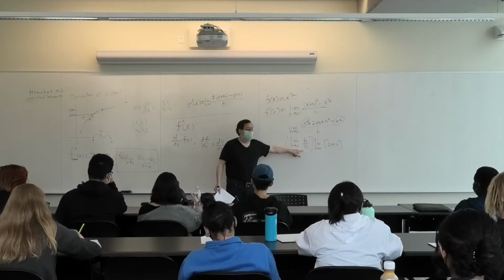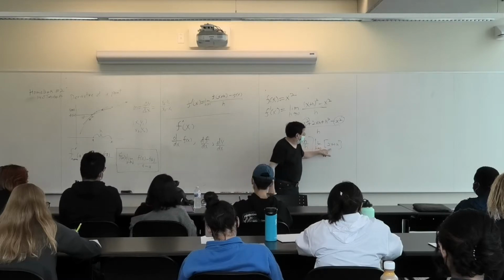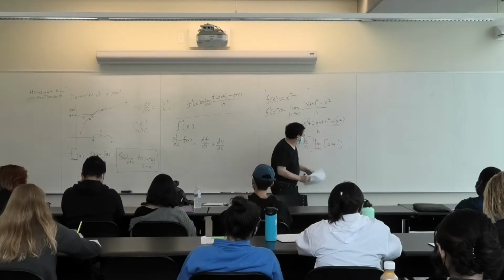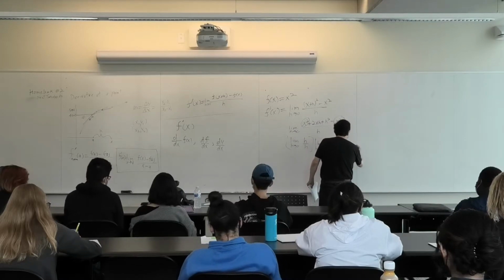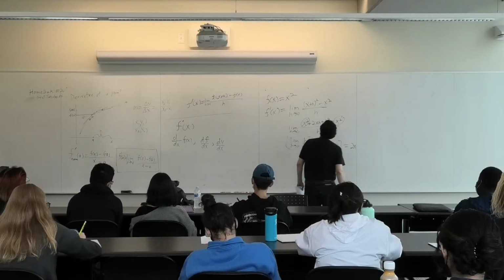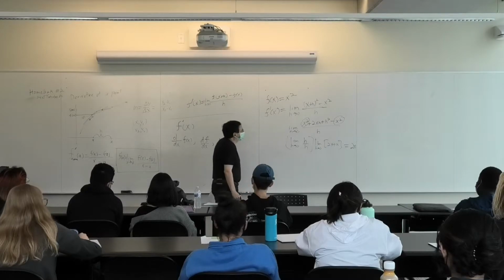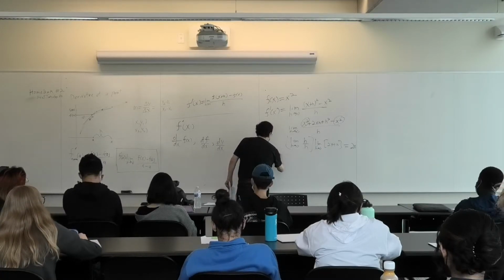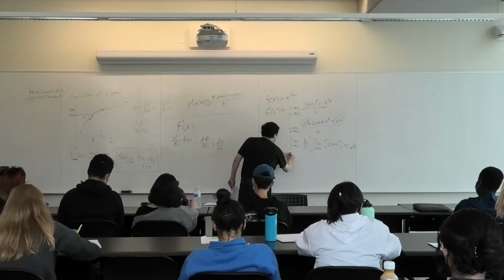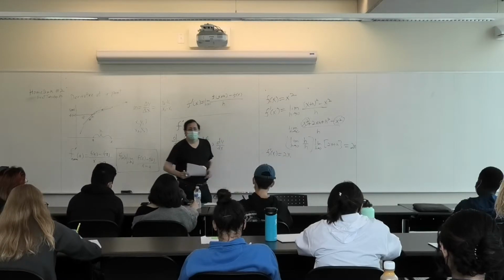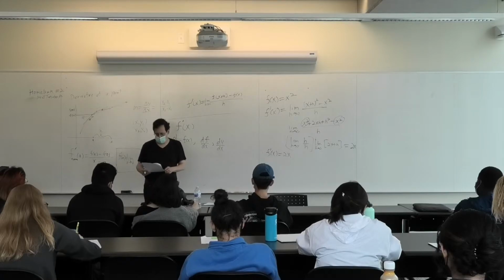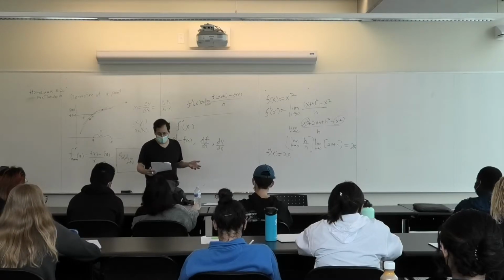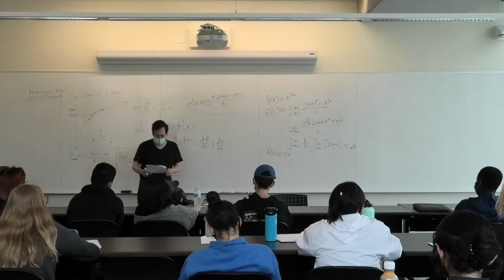This is going to be 1. And again, this is just a polynomial. As h goes to 0, it's just going to go to 2x. So we have that the derivative of this function is 2x. All right. Well, if all of our derivatives work out to be that easy, we're in luck.